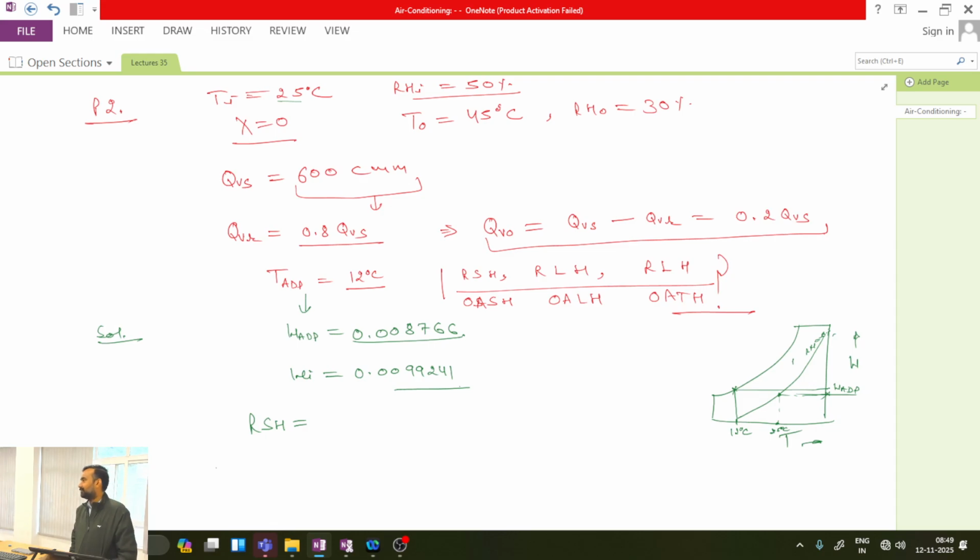Please tell me the formula. 0.204 QVS, T, T, ADP. Okay, if the bypass factor is zero, then how much is it? 159.12 kilowatt. Calculated or not?